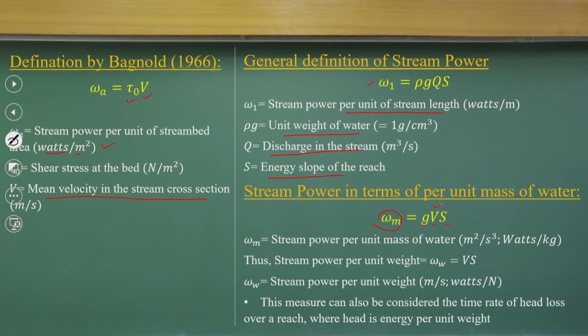V is the velocity, you can consider the mean velocity. S stands for the friction slope, which is the energy time rate of head losses over a reach, where the head is energy per unit weight, that is, how much energy loss is happening.